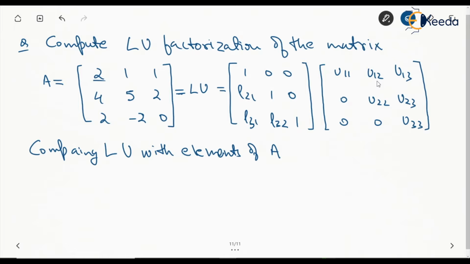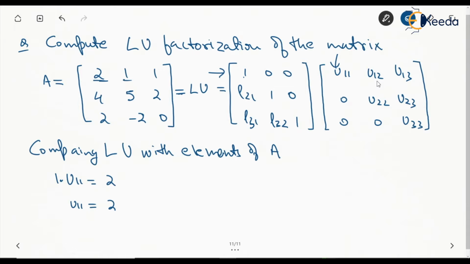If we multiply this row with this column, we are going to get 1 into U11. So 1 into U11 will be equal to this 2. So we can directly write U11 is going to be 2. Then we will move to the next element 1.